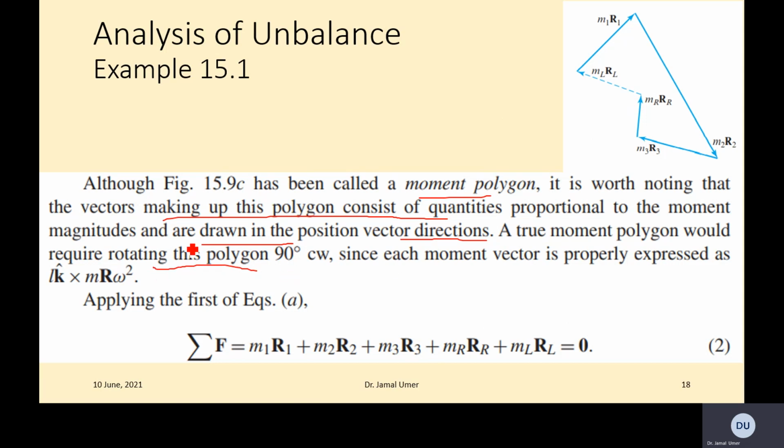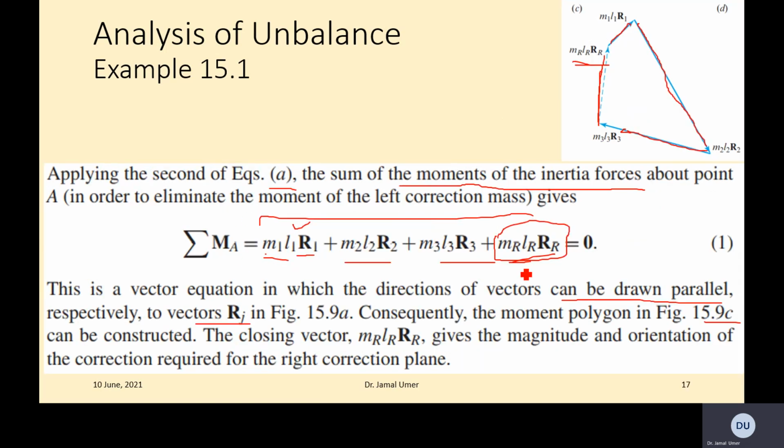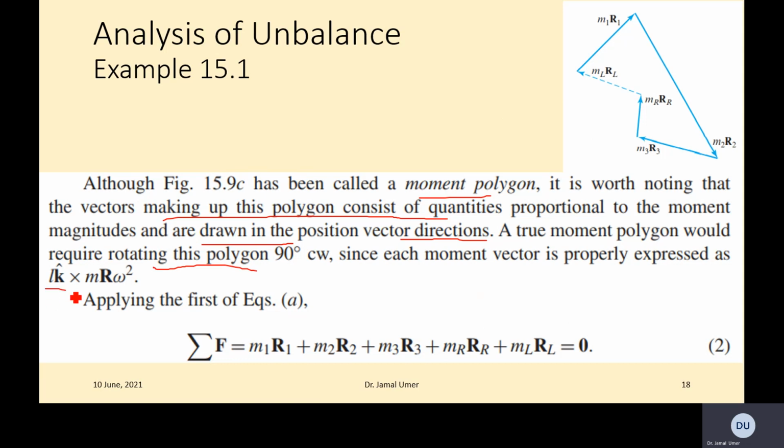So this is a very small point to be considered, which is important. So we are talking about this one as a moment polygon. But the moment is actually this one, which is a cross product. So L, which is in the k direction, multiplied by MR, which is the product of those two vectors.